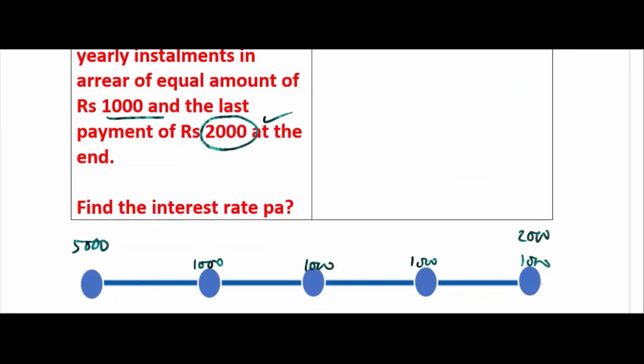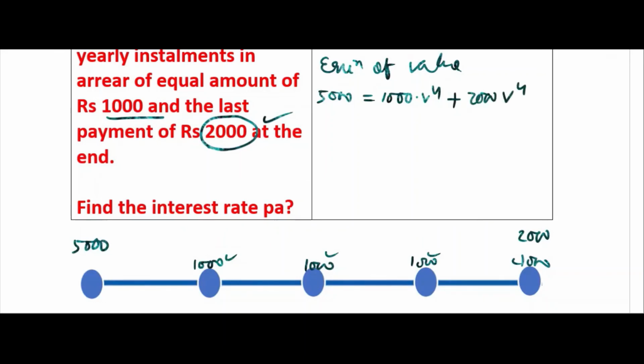So in this case your equation of value will be: these 4 you can use a, 1000 A4, plus the 2000 extra payment at the last year, that will be v power 4. This equation you need to solve, okay.